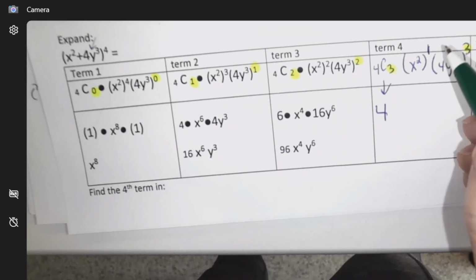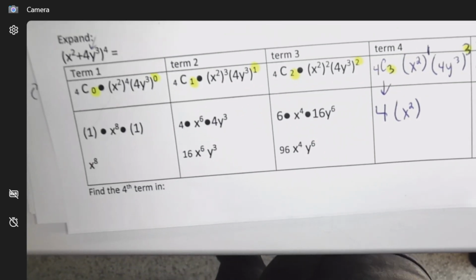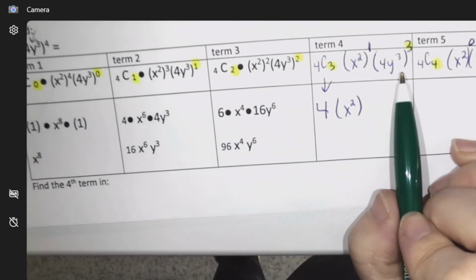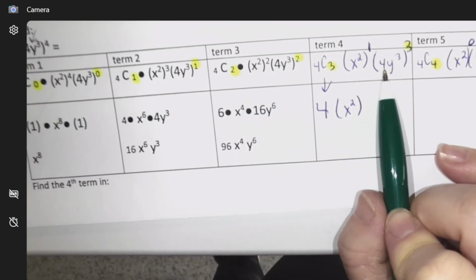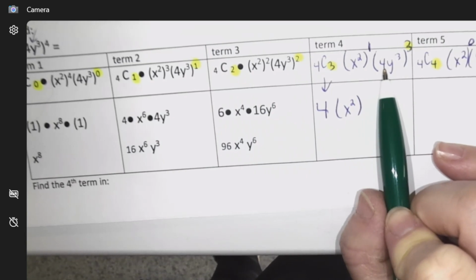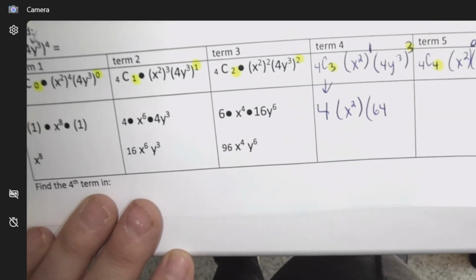X squared, just to a first degree, is just x squared. Okay, you're going to have to cube this. So don't forget there's a coefficient 4. So what is 4 times 4 times 4? You have to cube that. That's 64.